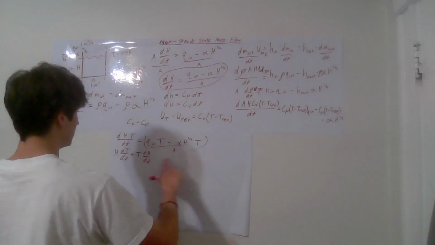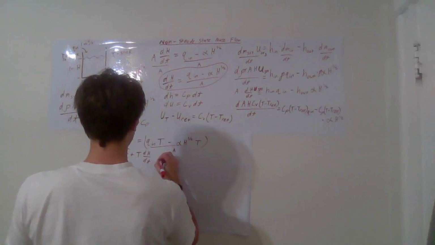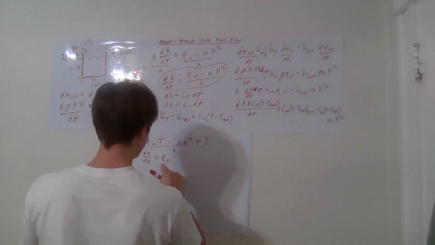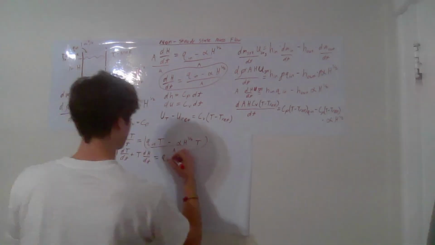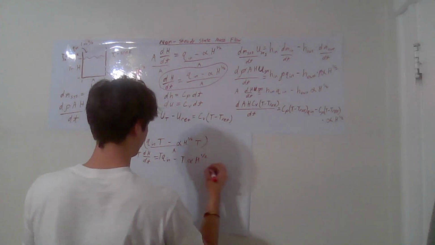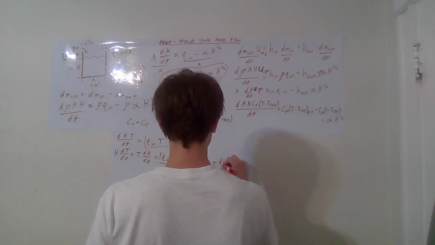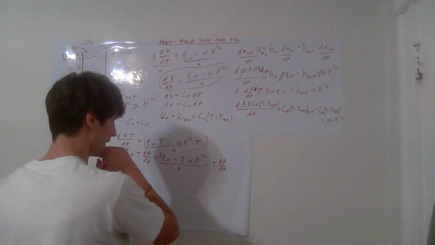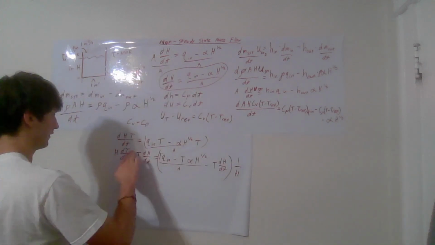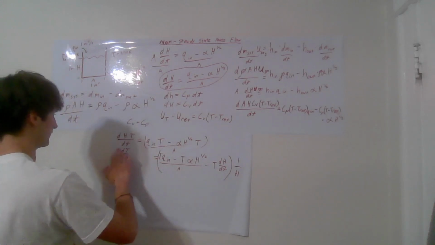So we're going to subtract this T dH/dt and divide by H, which is going to leave us with everything that's over here: the flow rate in, T times the flow rate in, minus T times alpha, H, height to the 1/2, all divided by A, minus that T times the change in height over time, and then all of this times 1 over H, that gets rid of this, as well as this height.